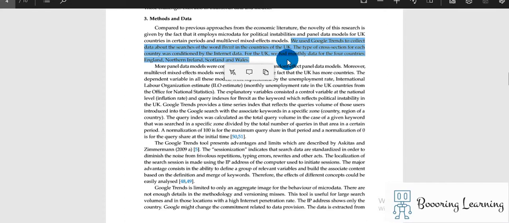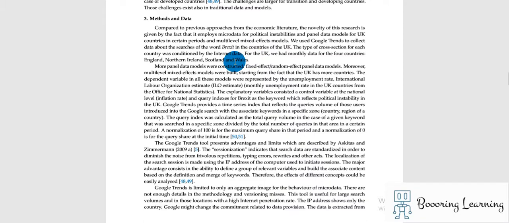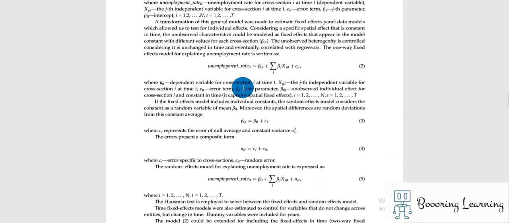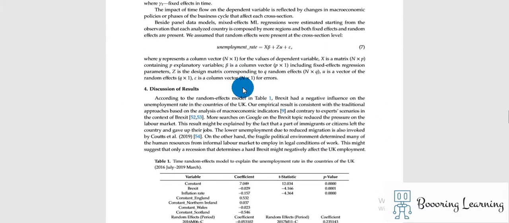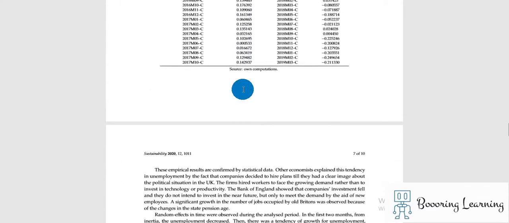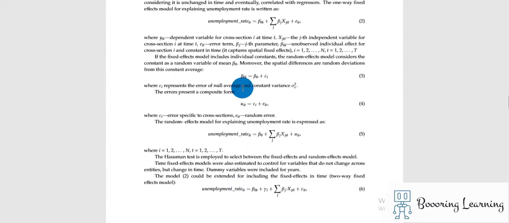We had monthly data for the four countries: England, Northern Ireland, Scotland, and Wales. So let's see how many pages are used. It's almost 2.5 pages used for the method part.